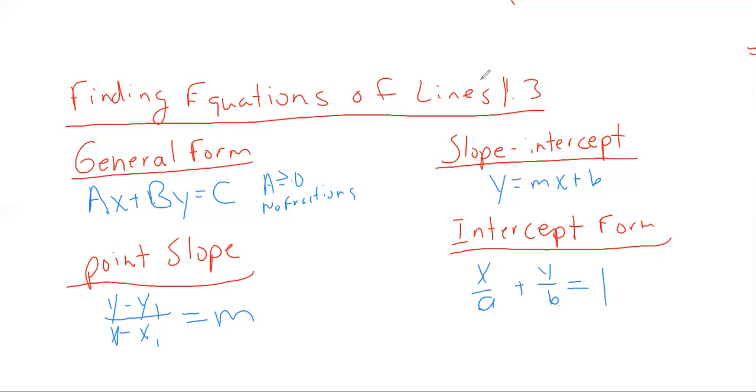So, let's do a few quick examples. Let's find the equation of the line in general form, but it's a line with y-intercept of 4 and x-intercept of -2.